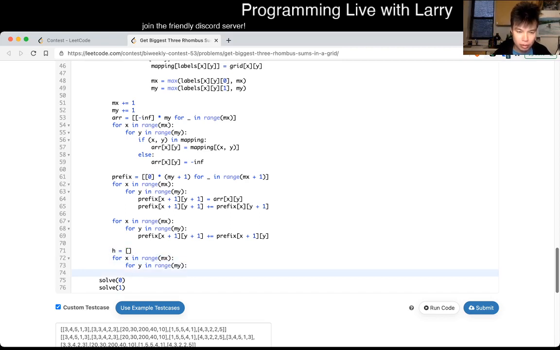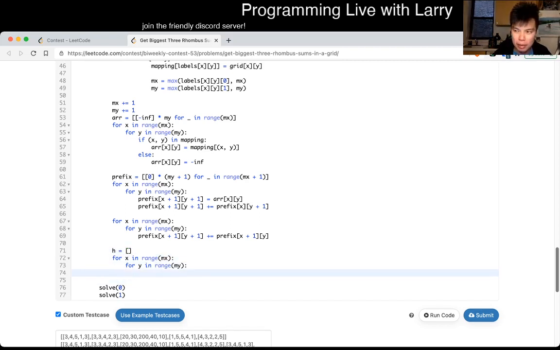So we want a min heap. Okay. Why is this in red? That's weird.